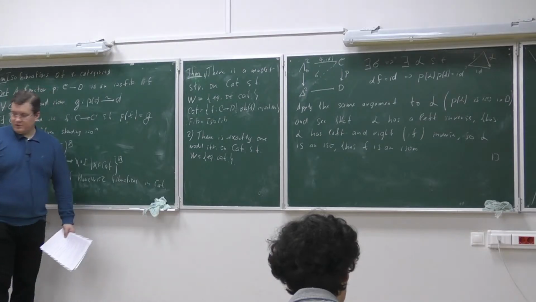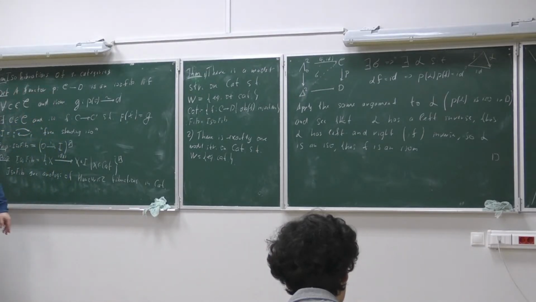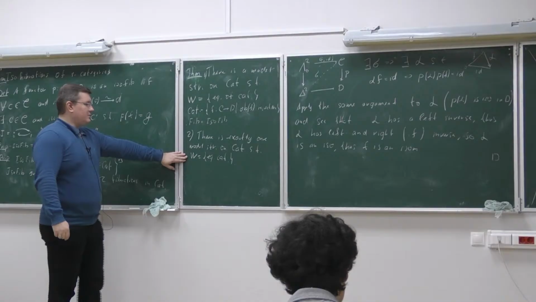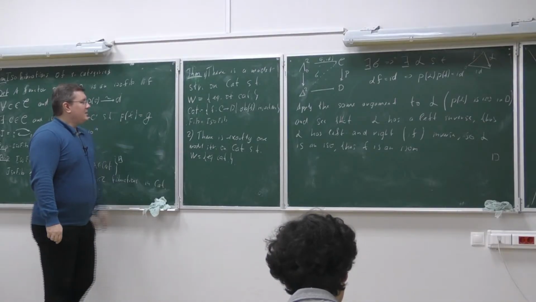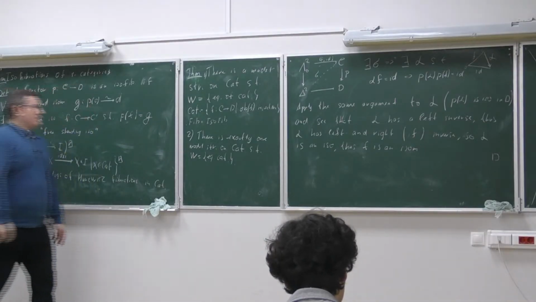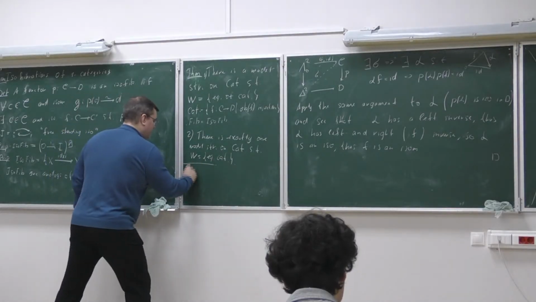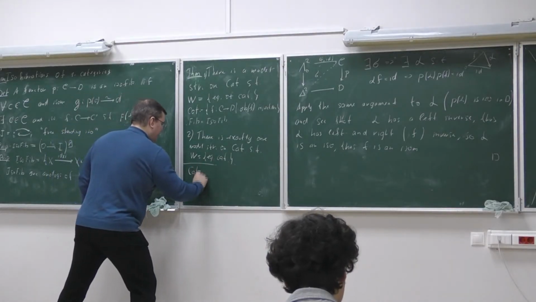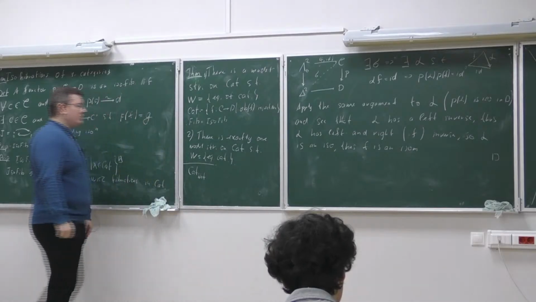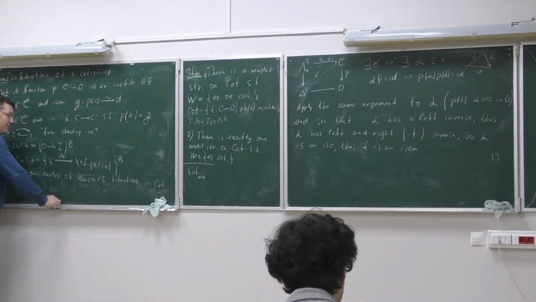So there is such a model structure, and it is completely determined by what you take as weak equivalences. Well, usually it's not the case. And in this sense, this model structure you call something like the natural model structure or canonical model structure on the category of categories.